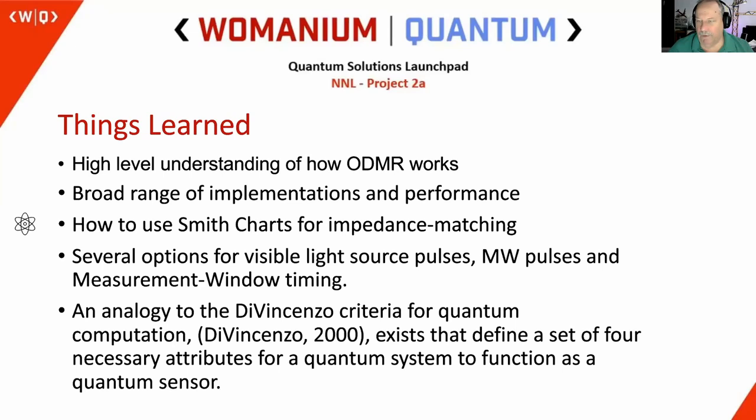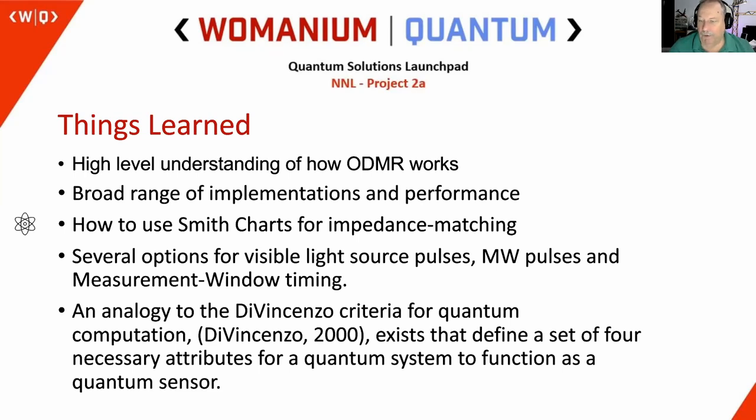So some of the things we had to learn, and did learn, was how does ODMR work? There's a broad range of implementations and performance. Many of the designs use microwaves, so we had to be able to look at Smith charts for calculating the impedance of microwave antenna elements.